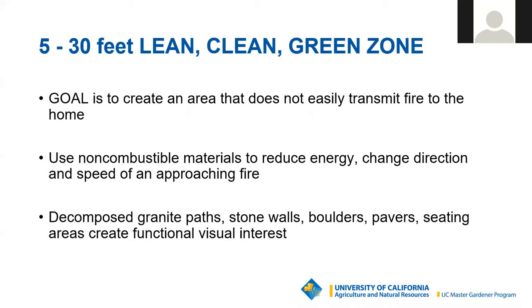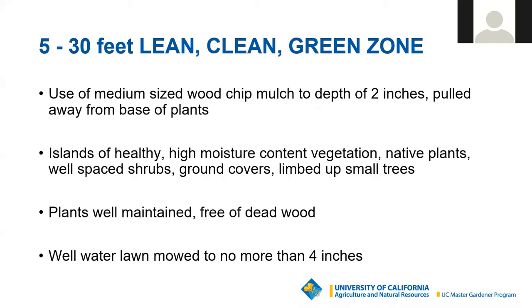It's a place for decomposed granite paths, stone walls, boulders, pavers, seating areas, all to provide functional visual interest. Next, please. Also in that area, you can use your medium-sized wood chips to a depth of 2 inches. And remember, you need to pull that away from all of your plants because it can cause disease problems at the base of your plants.